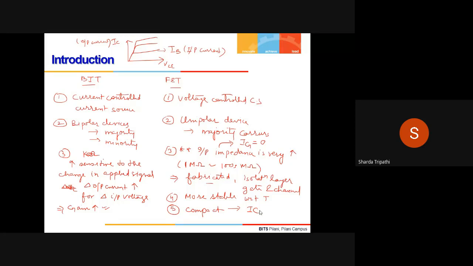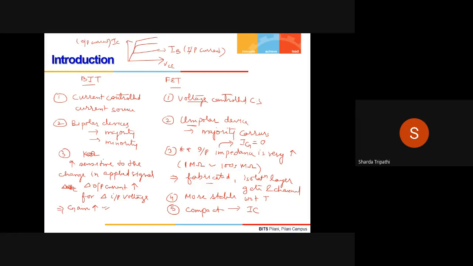And as you all know, integrated circuits are now used in almost all electronic devices, be it a very basic electronic device or a very complicated one, maybe a laptop or very high-end machines. So that is another advantage of FETs over BJTs. So this kind of summarizes the differences. Three differences are more important, I would say: you need to understand that FET is voltage controlled, it's unipolar, and its input impedance is very, very high.